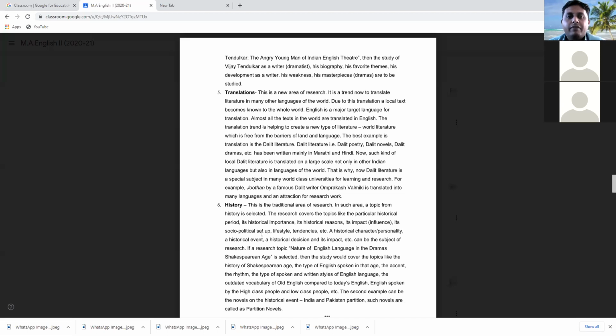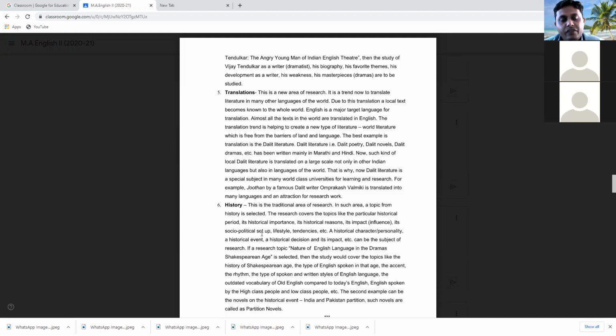So a text from one language is nowadays translated into other languages in the world. A new phenomenon has emerged, that is world literature. So this is a new area of research. It is a trend now to translate literature into many other languages of the world.